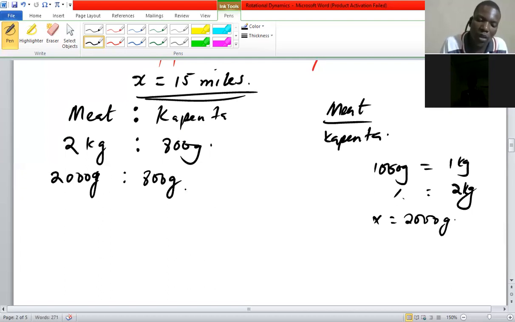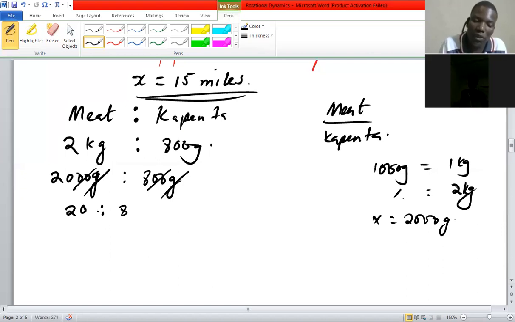So what we are going to have is 2000 grams to 800 grams. We've been taught to reduce this to its lowest possible term. Those 2 zeros are gone, and the grams are also gone, so we have 20 to 8.